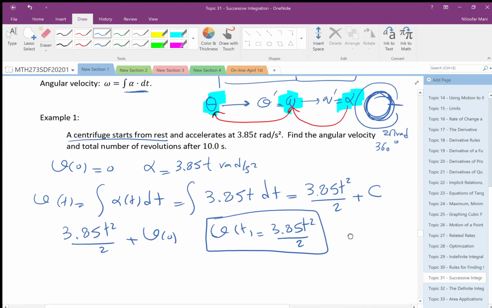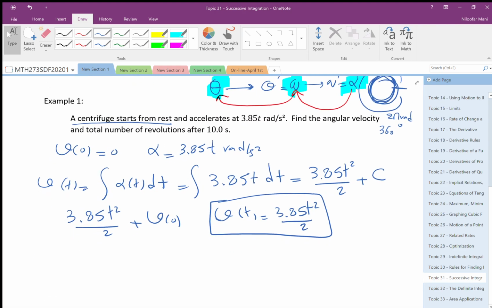Now it says find the angular velocity and total number of revolutions after 10 seconds. What is the angular velocity after 10 seconds? So you have to say v at 10. v at 10 is 3.85 divided by 2 times 100.